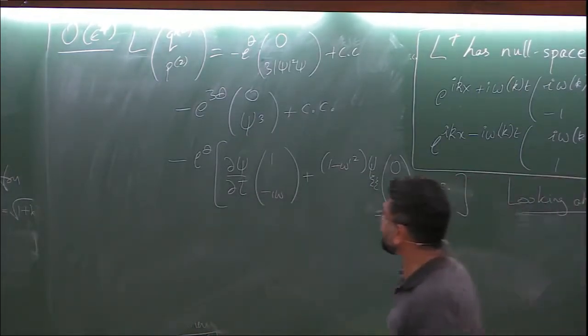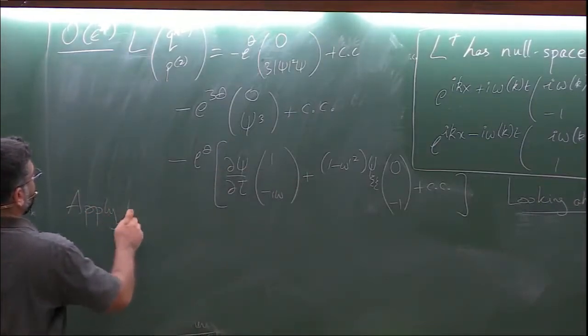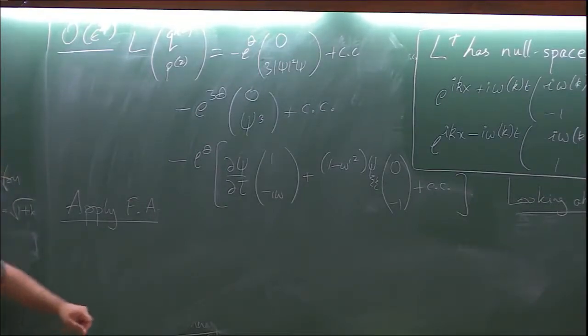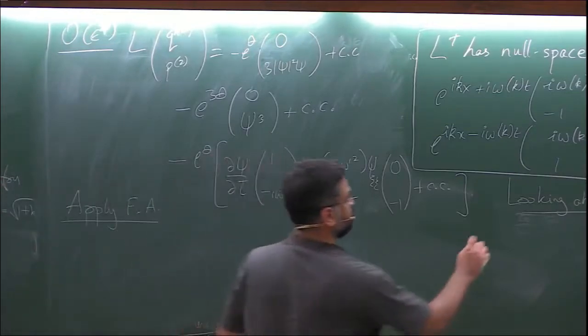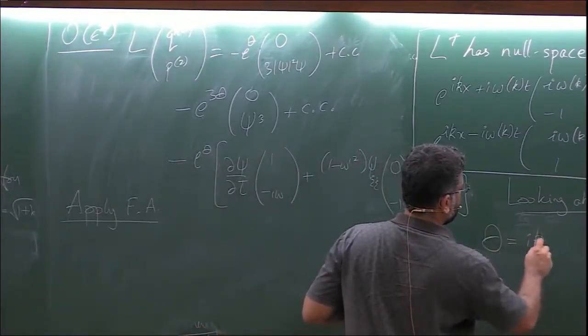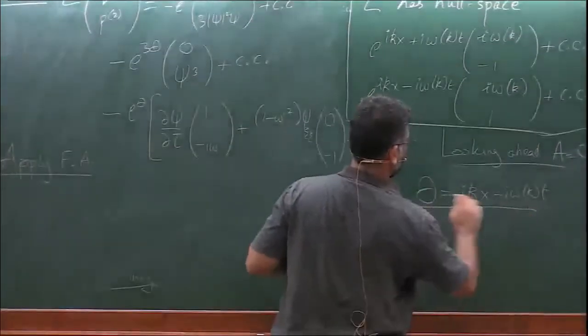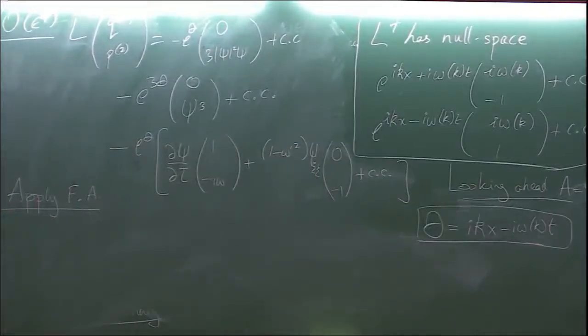Okay? So once again, apply the Fredholm alternative. Note, the trouble terms are this e to the theta and e to the theta. Those are the trouble terms.